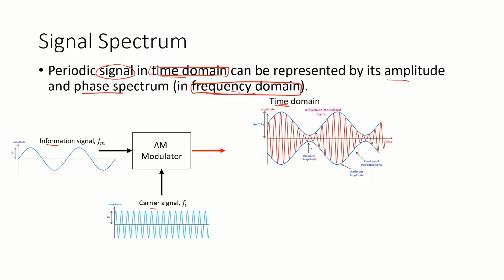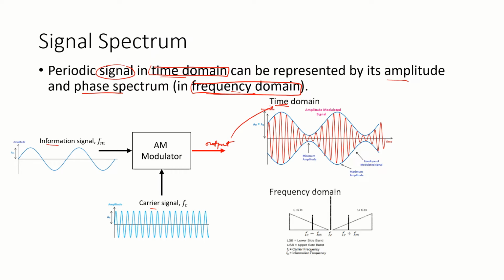You can see here it is the envelope of the modulated signal. It looks like an envelope here, where it has a minimum amplitude and a maximum amplitude. So this is when you represent the output signal in the time domain.